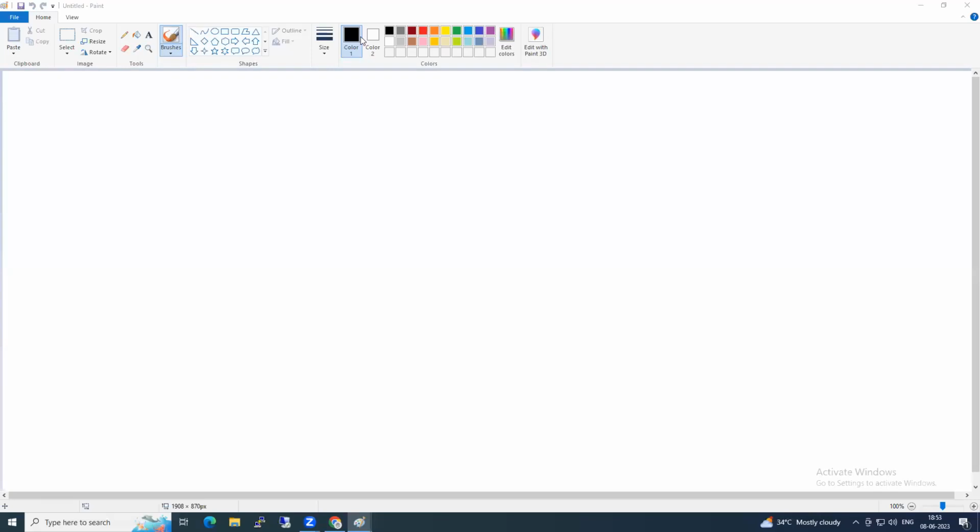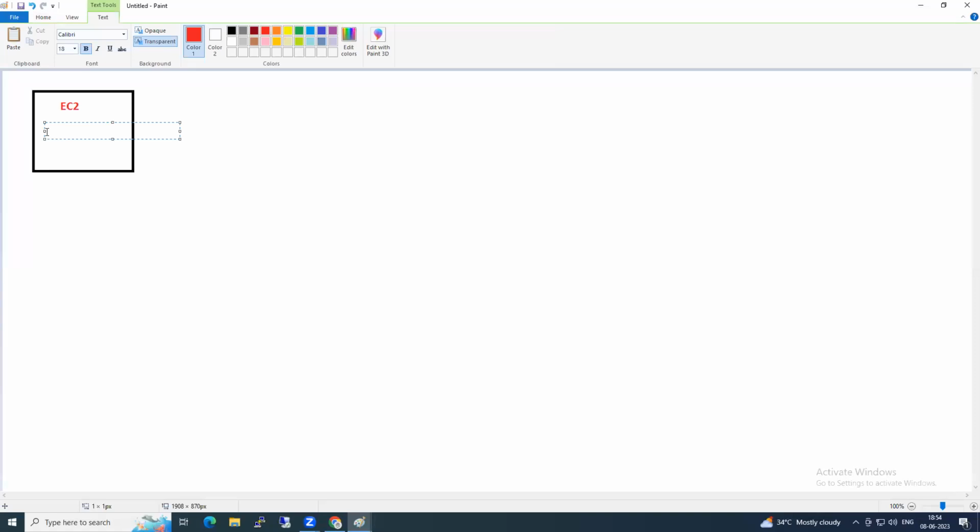Now, see here. Let's say we have an EC2 instance here, which has 2 GB RAM with one CPU.